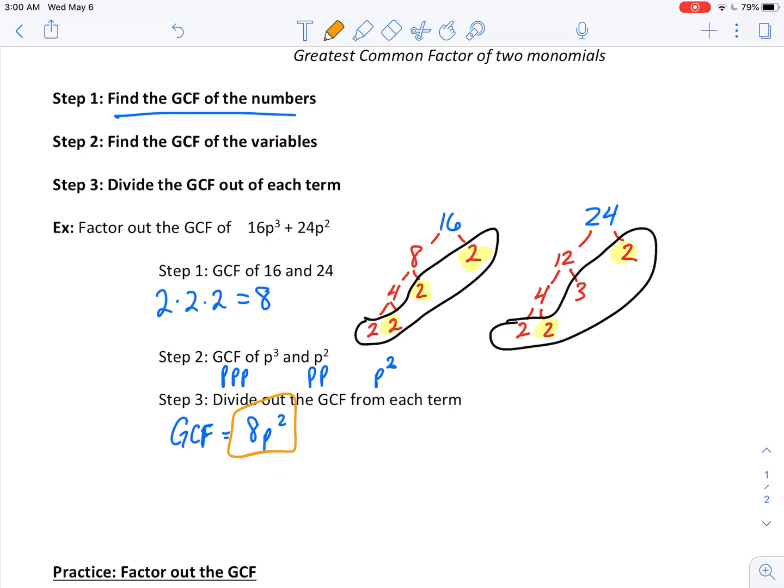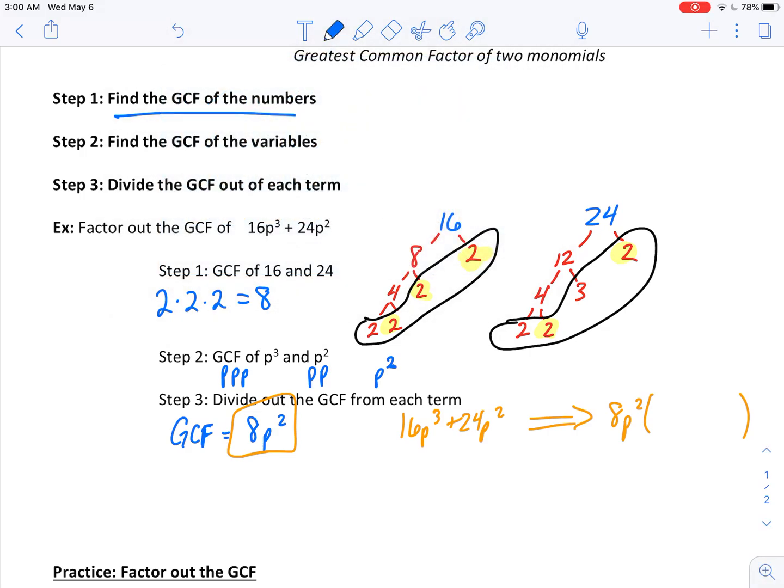So we started with 16p cubed plus 24p squared. And what we're going to do is factor out an 8p to the second. And we're just going to leave that on the outside of some parentheses.